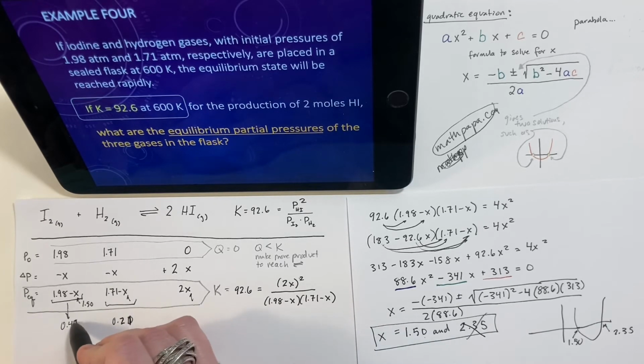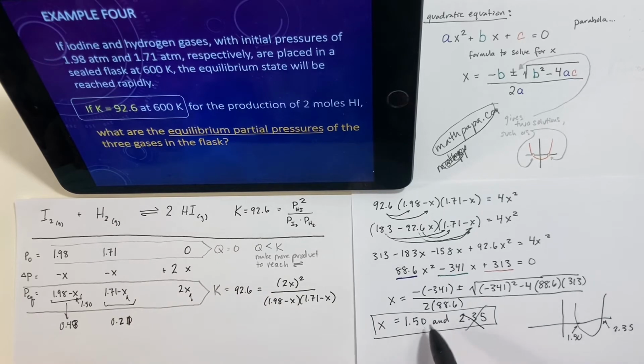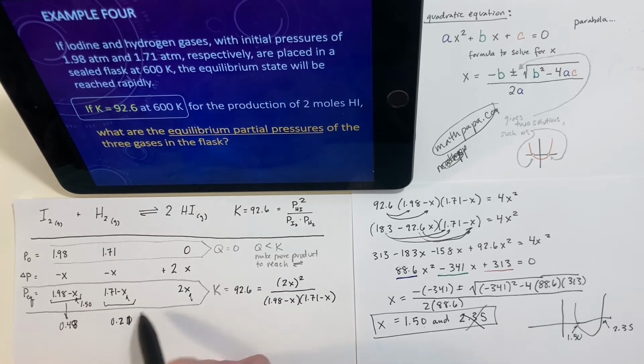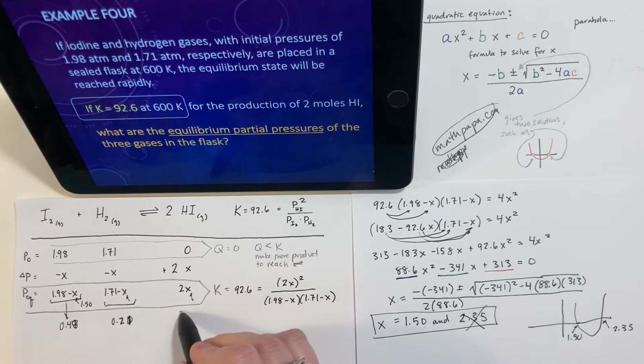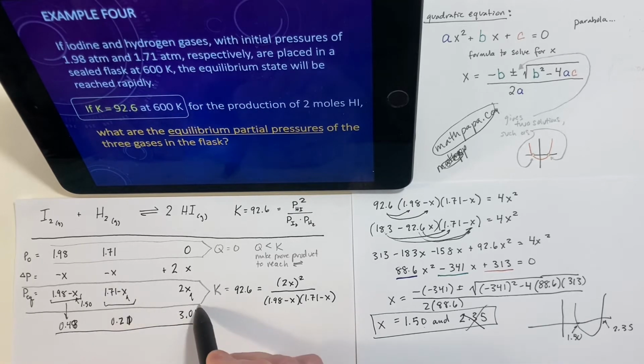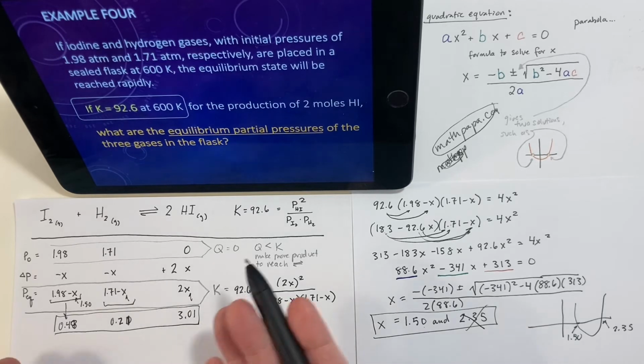I'm kind of going back and forth because it all depends on the rounding. So I'm going to pick one. Okay, so it's 0.48, could be like 0.47. It varies in that second decimal place, 0.21, and then like a 3.01. All right, so here's my equilibrium pressures.